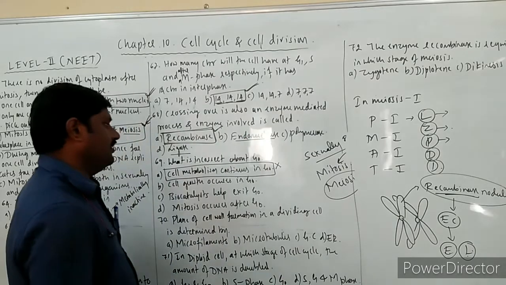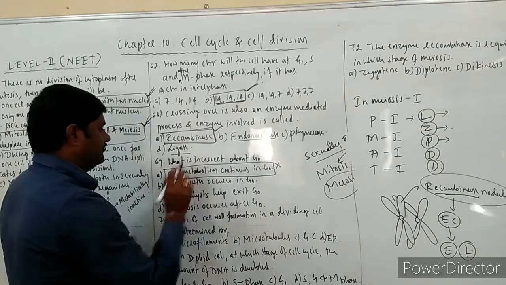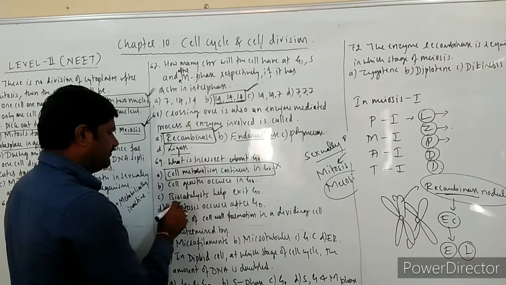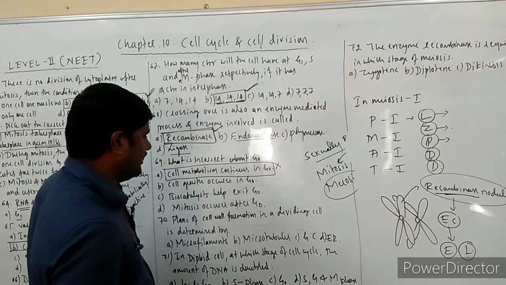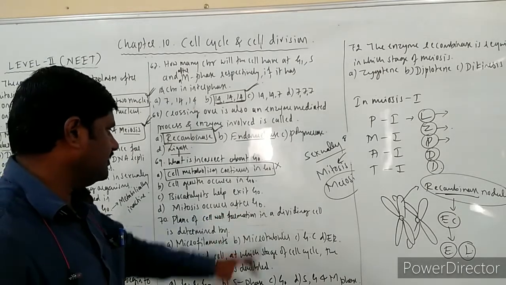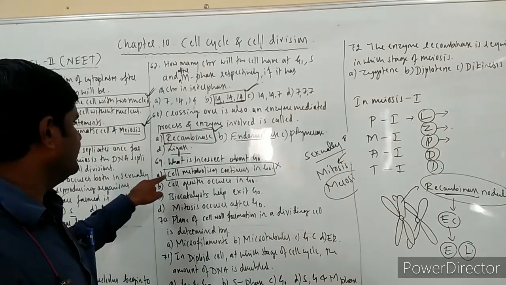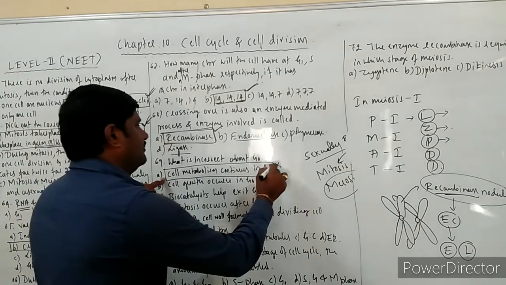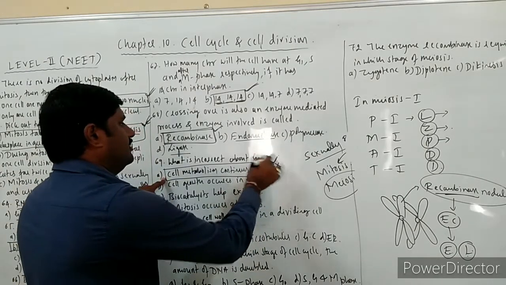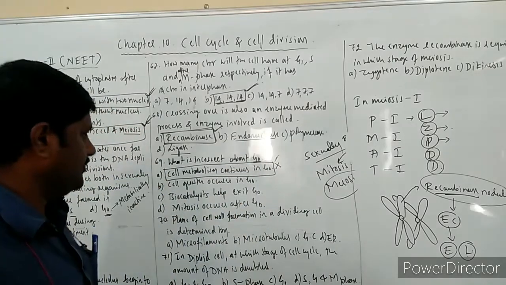So metabolic activity is not taking place. Cell growth occurs in G naught, of course. Biocatalysts help in exit from G naught. Meiosis occurs after G naught. So this is the wrong statement for G naught, and that's why it is the correct answer for this question.